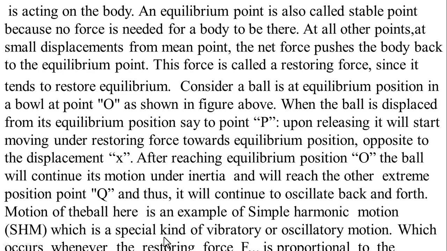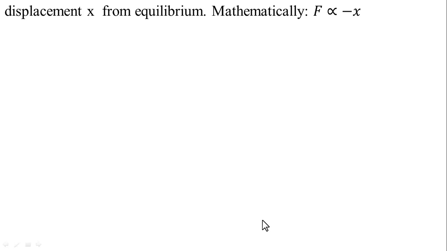Simple harmonic motion is a special kind of vibratory or oscillatory motion which occurs whenever the restoring force F is proportional to the displacement x from the equilibrium position. We can write mathematically F is directly proportional to minus x.